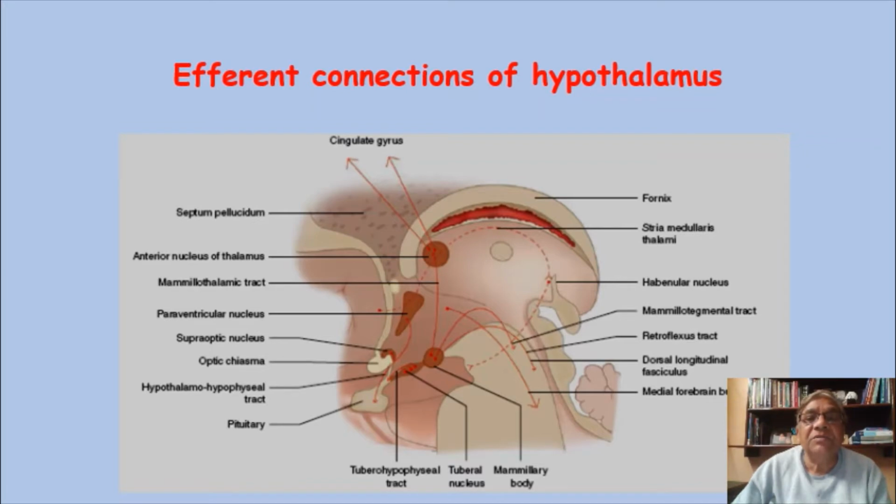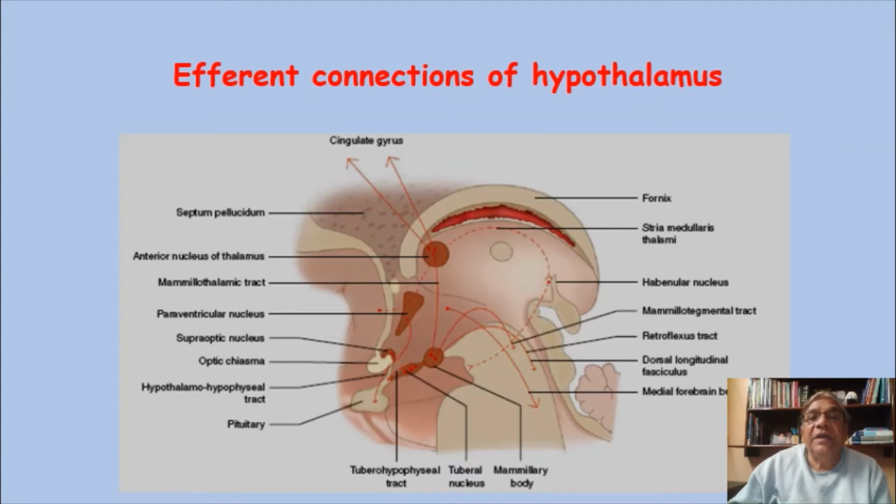See this mammillothalamic tract from the mammillary body, which was receiving from the anterior column of the fornix, from the hippocampus, which was part of the limbic system. Now these fibers from the mammillary body will ascend in the mammillothalamic tract and end in the anterior nucleus of thalamus.